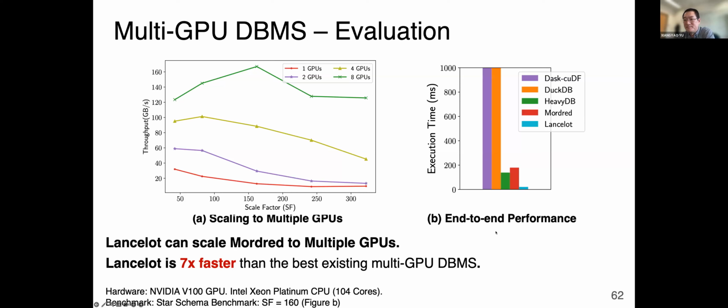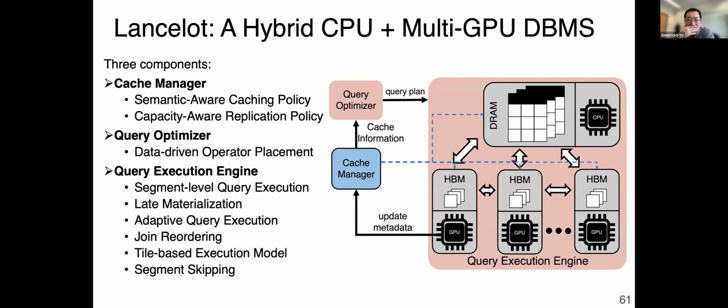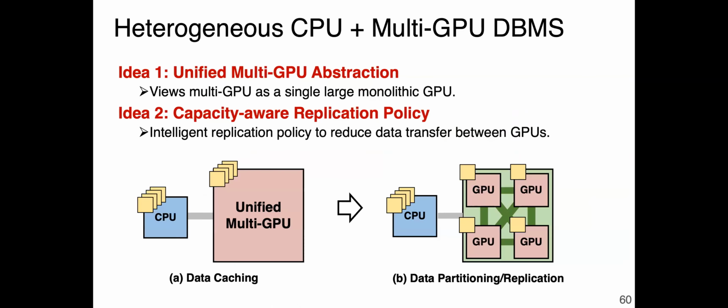Yeah, is there a question? Yes, I just have a question about the previous slide. Okay, this one? Oh, sorry, not the one before this one. I just wonder if the semantic awareness is also employed for the multi-GPU architecture.